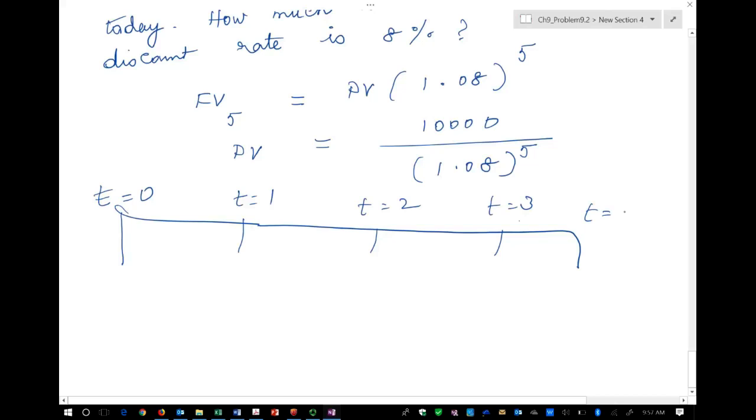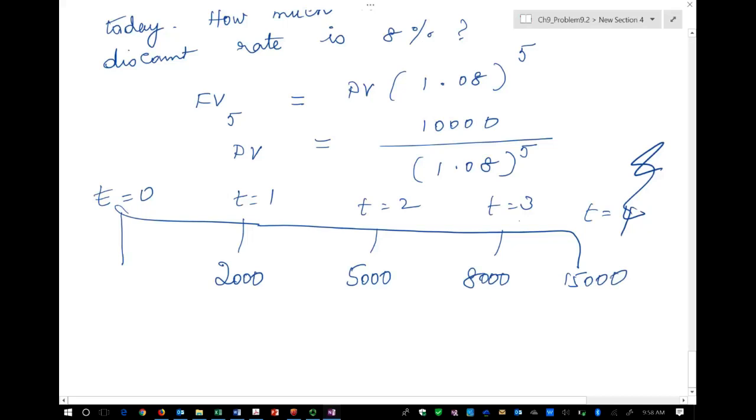Now I receive this much cash. I receive 2000 in year 1, 5000 in year 2, 8000 in year 3, 15,000 in year 4.